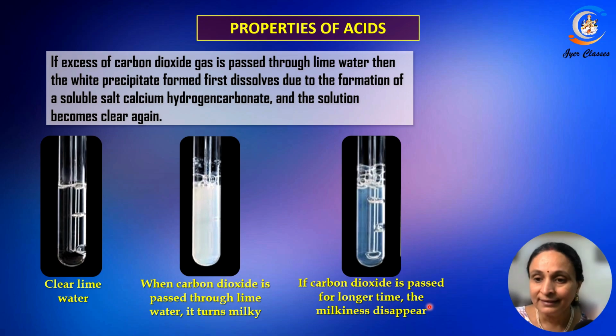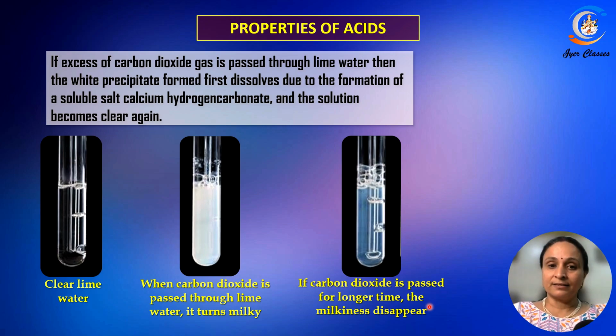So you know the gas which was coming out of this reaction is carbon dioxide. Take lime water, pass carbon dioxide or pass the gas. First it turns into a milky solution, turbid, white color solids form inside it. Now keep on passing carbon dioxide.